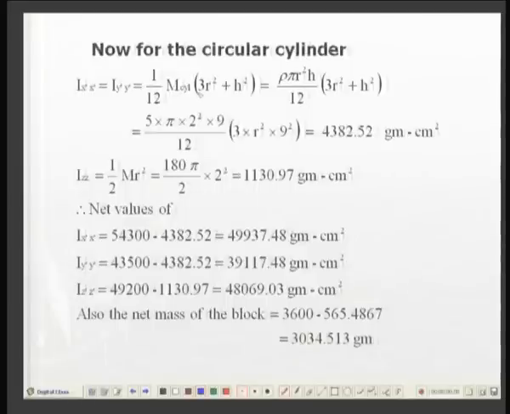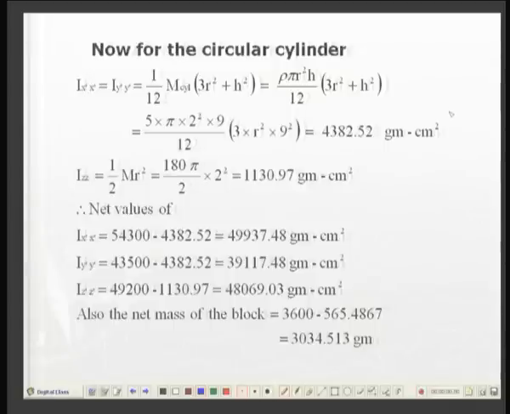Okay. So when I substitute over here, everything is known, radius is known, 4 centimeter is the radius, and height is known, namely the height is 9 centimeter, the height of the block. So after simplification, I will get 44382.52 grams centimeter square.